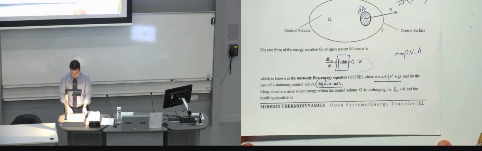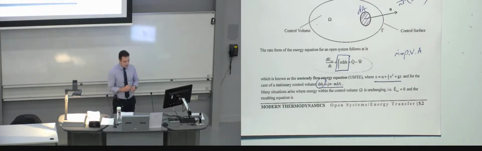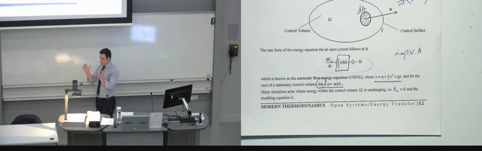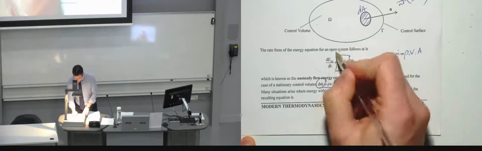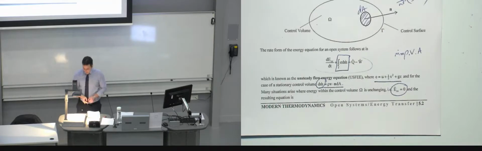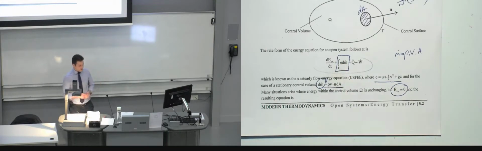In a lot of situations, the energy within the control volume, or the omega, is 0, and therefore that term disappears. But in most cases that term is non-zero, and this is why it is so important.